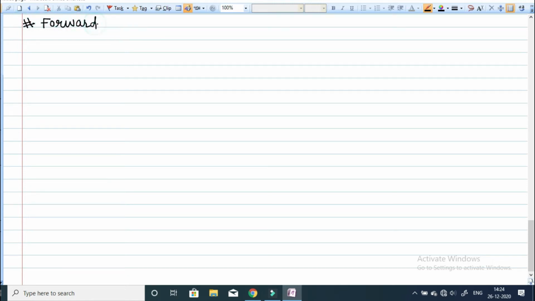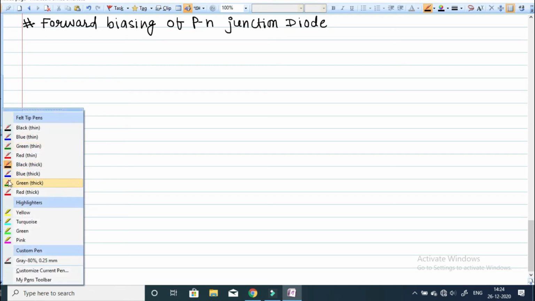Forward biasing of PN junction diode. Let me draw the diagram first. In case of forward biasing, let me choose the p-type semiconductor first.